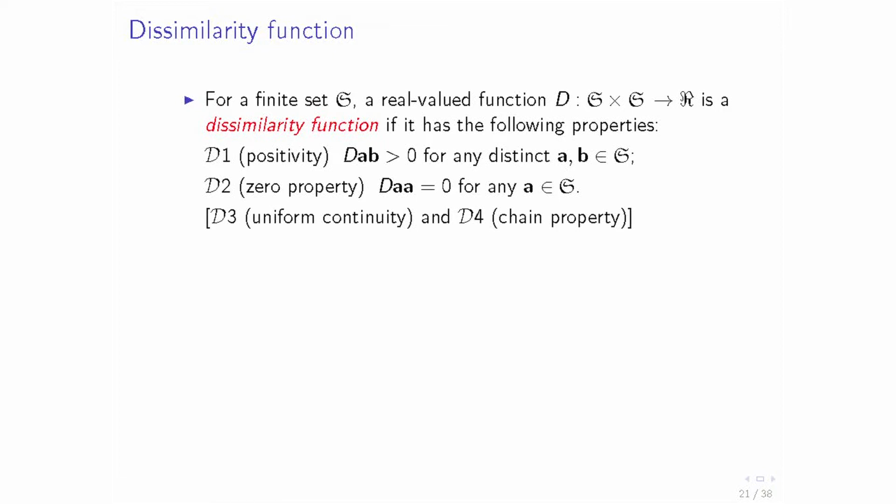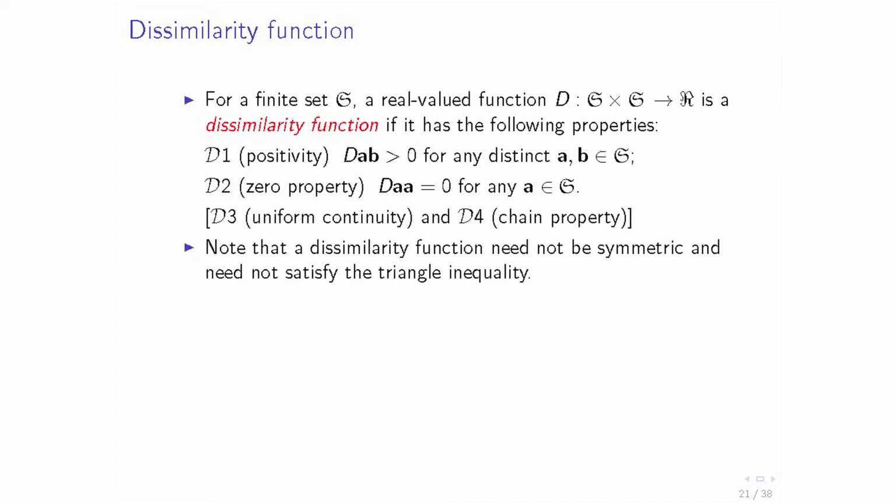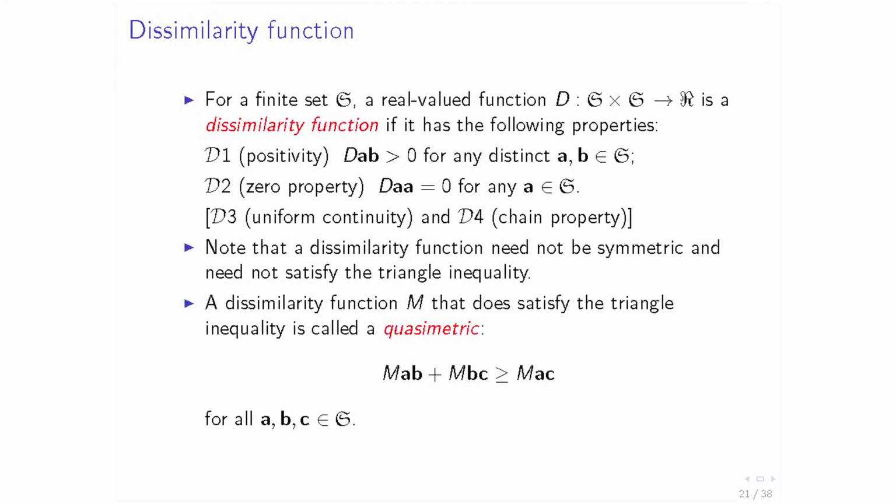But in the simple finite case that we are using here, they are trivially satisfied. So a dissimilarity function as defined here need not be symmetric and doesn't have to satisfy the triangle inequality, of course. If it does satisfy the triangle inequality, then we call it a quasimetric. So if we have AB plus BC greater or equal to AC, the triangle inequality, then we would talk about it as a quasimetric.